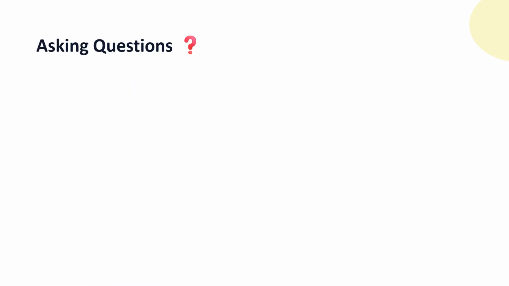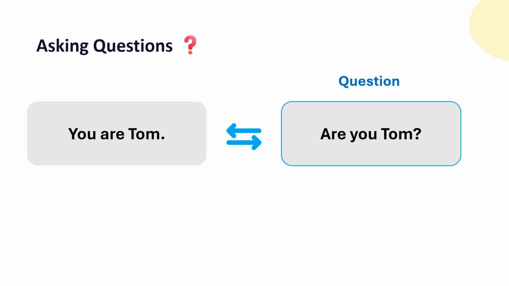Okay, everyone. How do we ask a question? Look at the screen, please. We just change the word order here in this chart. The sentence is you are Tom. The question becomes are you Tom?